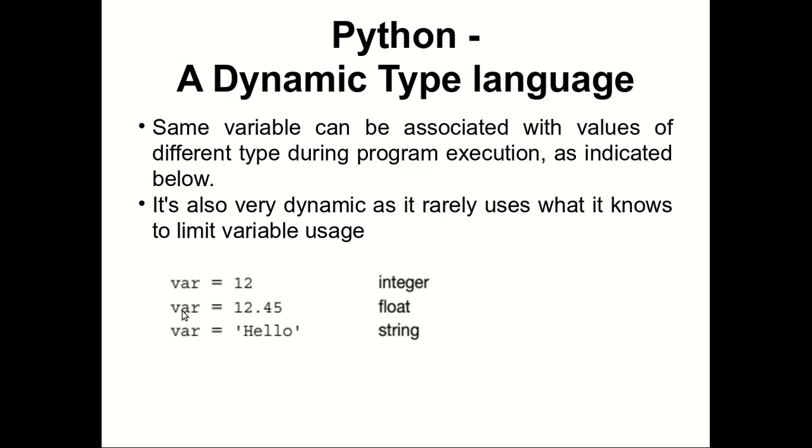There is no restriction that a variable which has been assigned a value can hold only exactly one type of data. Once we learn the derived data types like list, tuple, and set, we will see that the same variable which is holding primitive type data like an integer or floating point number can also hold a list, a set or a tuple. There is no restriction at all. That's why we can say it's a dynamic type language.